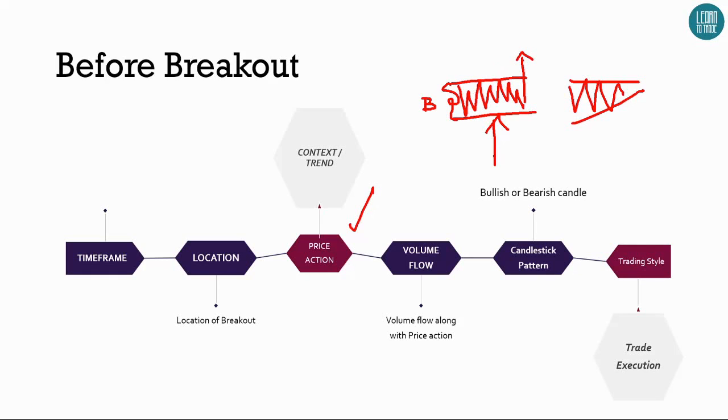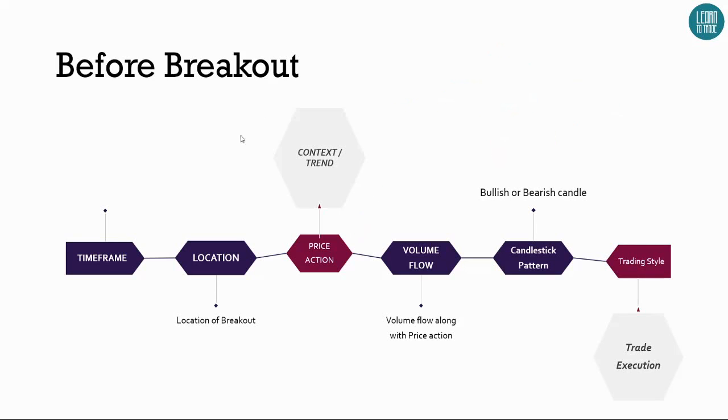This is where more failed breakouts make the stop losses get triggered and price reverses back. So price action in this balanced range will definitely play an important role.